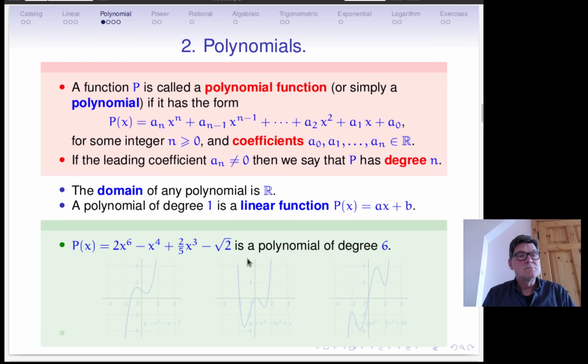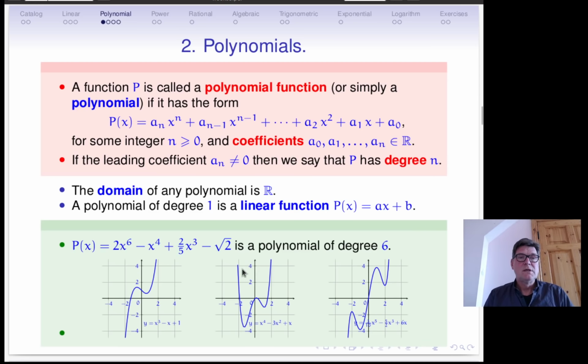Or in terms of graphs, here's a graph of a polynomial of degree 3. It comes here, goes up, goes down, goes up. Here's a polynomial of degree 4. Y is given by the formula x to the 4 minus 3x squared plus x.